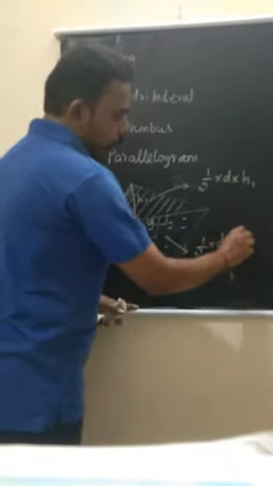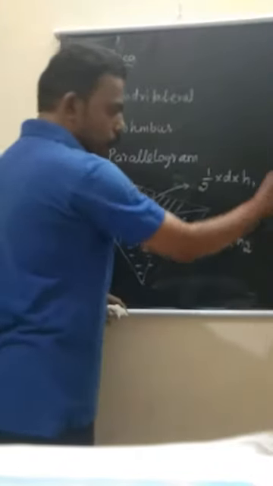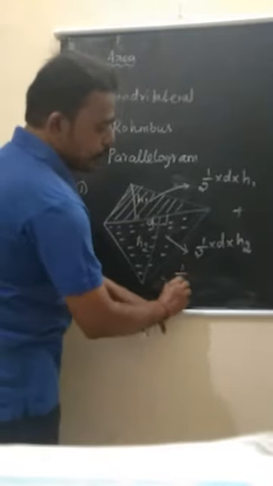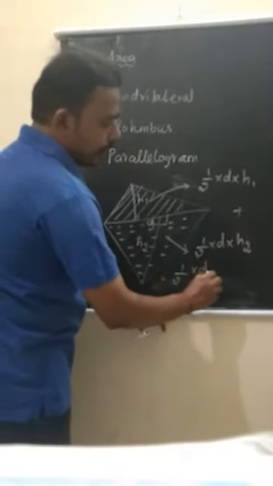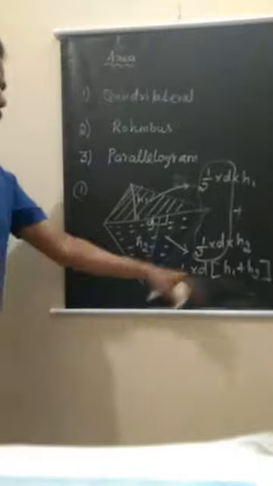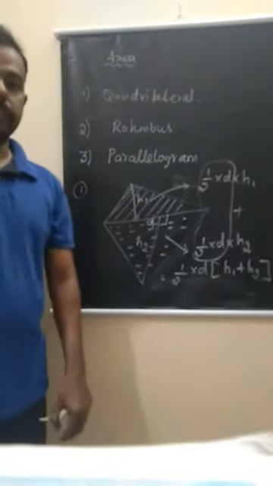Now we need to find the total area. For that we need to add these two expressions. That is 1/2 into D, which is common, into the remaining H1 plus H2. So 1/2 D into H1 plus H2 is the area of the quadrilateral.